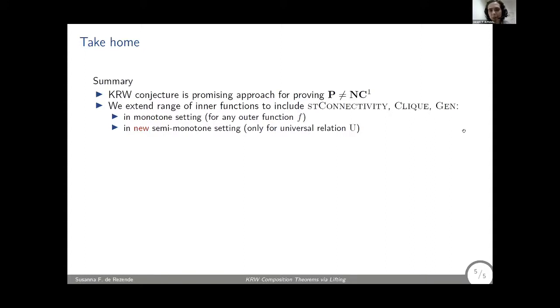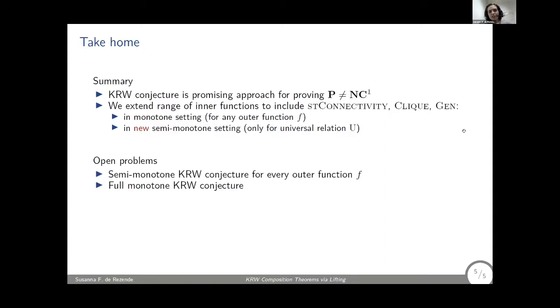Then two open problems. One is to prove the semi-monotone KRW conjecture for every outer function, and not only for the simplified version.